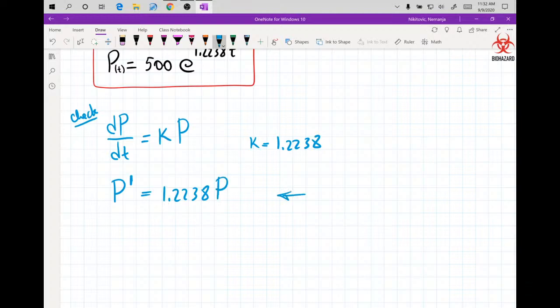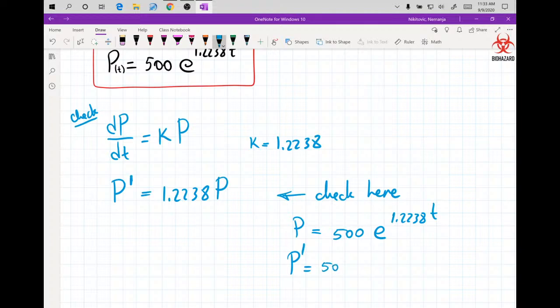And you want to check in here. Now, what do you have? You have the P, because that's 500e^(1.2238t), and you need to find P prime, because you need to plug in P prime on the left side, and you have to plug P on the right side. So P prime is, you copy the constant, then the chain rule kicks 1.2238 down, and e^(1.2238t) stays the same.